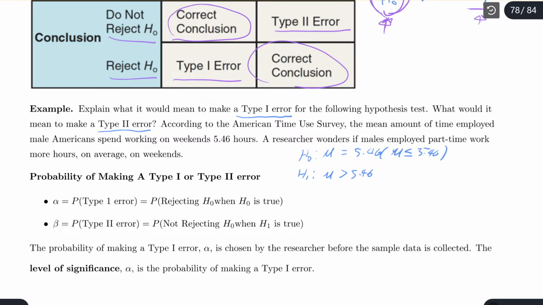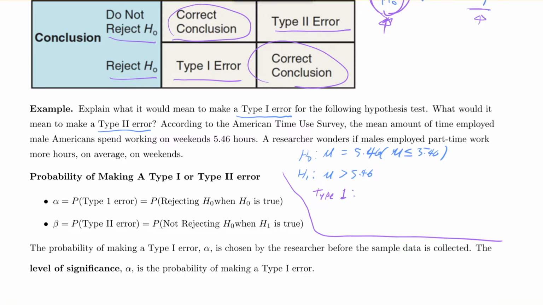Null hypothesis. So in this case, a type 1 error looks like this: the conclusion we make through analysis and calculation is that the mean is more than 5.46. When I say conclusion, this is the conclusion we make via calculation. The conclusion is actually H1, which is this statement.